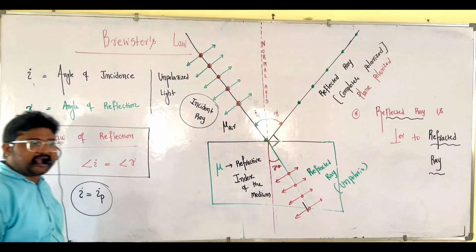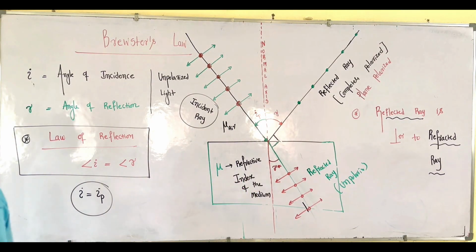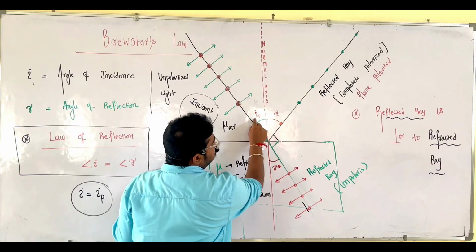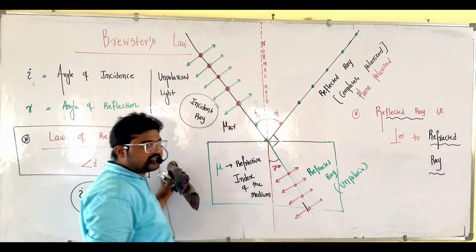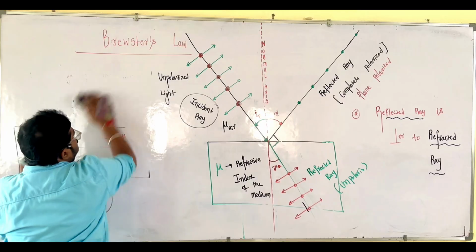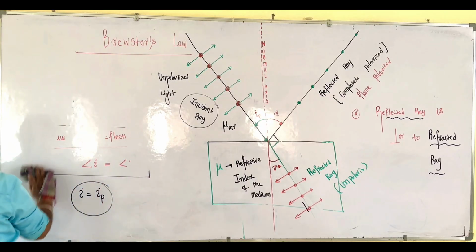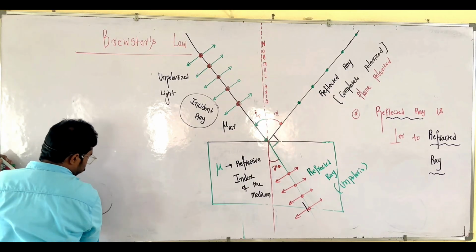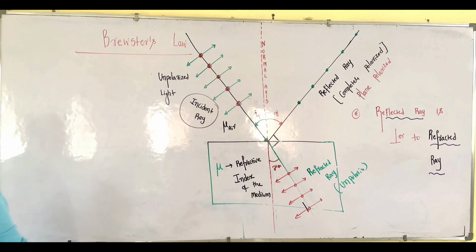You need to apply the law of reflection and Snell's law in Brewster's law. Law of reflection means what? Angle of incidence equals angle of reflection. Now, apply Snell's law.